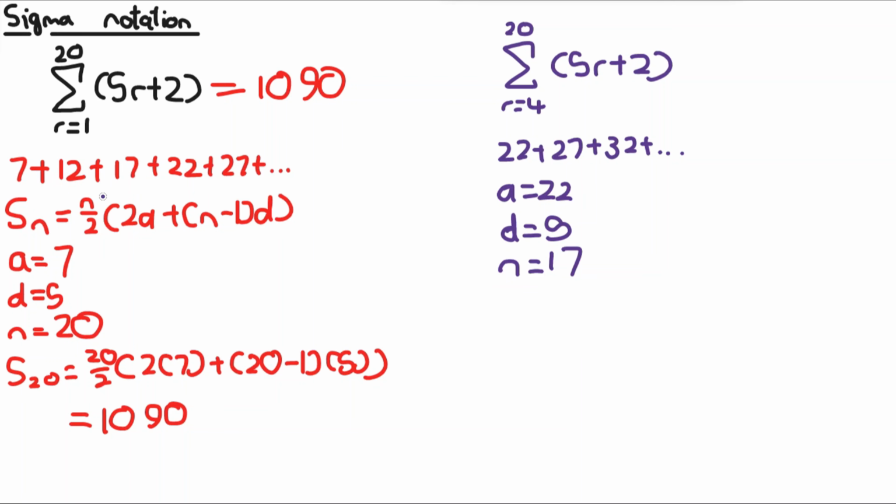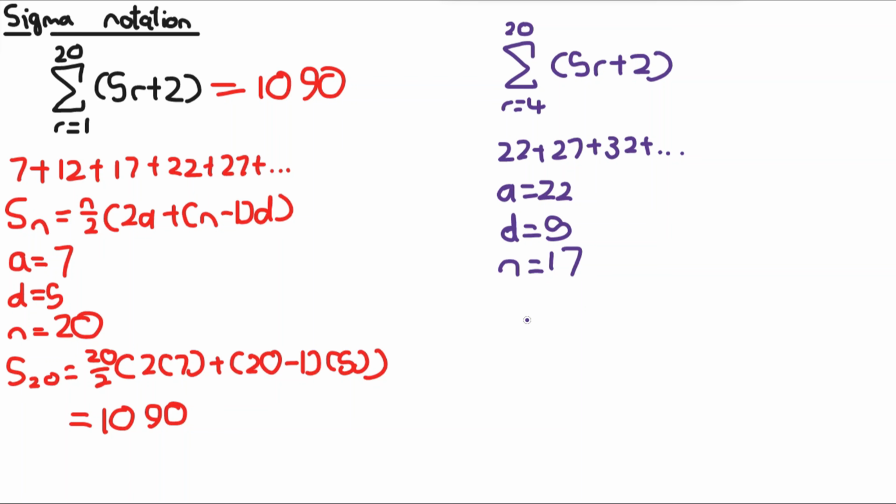We only get rid of the terms when we sub in r is equal to 1, r is equal to 2, and r is equal to 3. R is equal to 4 is still included in this series, so just be careful with that, it's going to be 17, not 16. Another way to think about this is n is going to be this number minus this number plus 1.